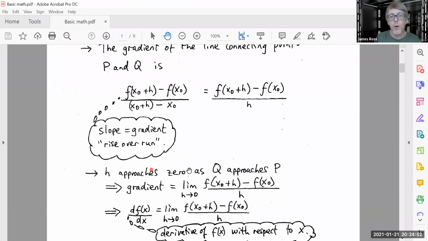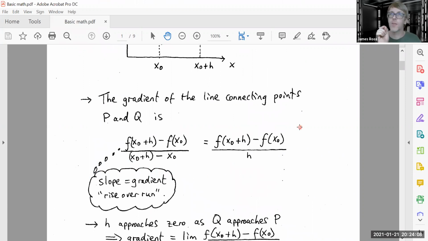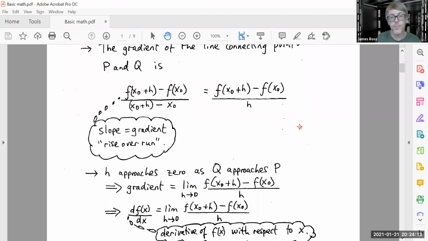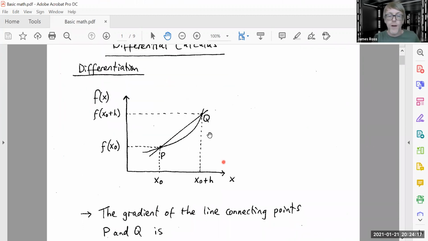Then as h approaches 0, points Q and P approach each other, right? So at the point where h is 0, the 2 points are on top of each other. And at that point, we would effectively have a tangent.